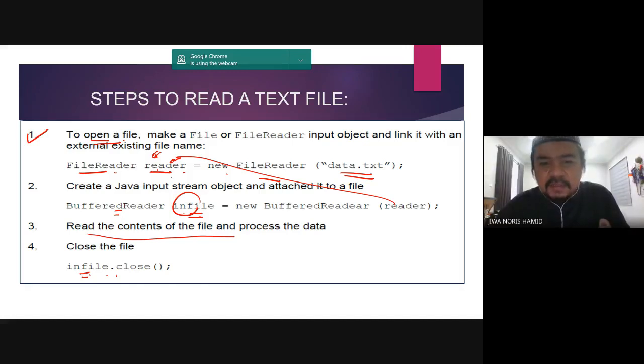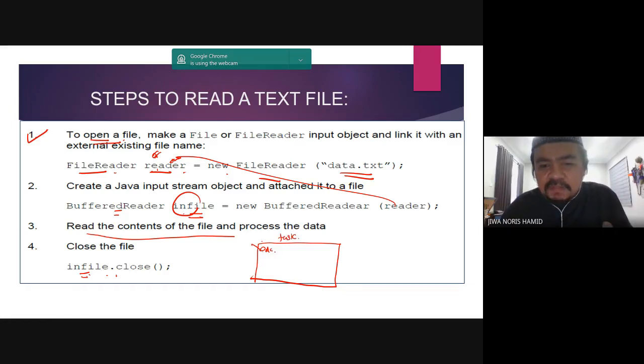My suggestion, every time bila kita nak create file, Java file and also text file, make sure kita letak di dalam the same folder. Dalam folder yang sama. Let's say this is a folder in your laptop, folder dia task.